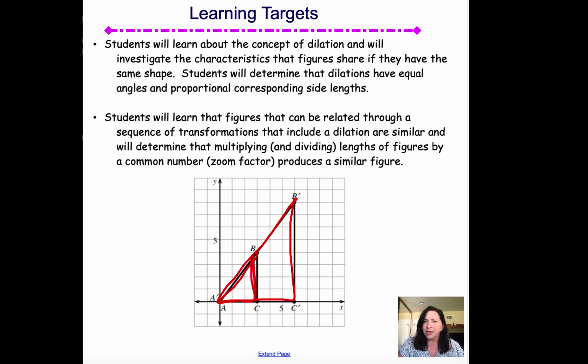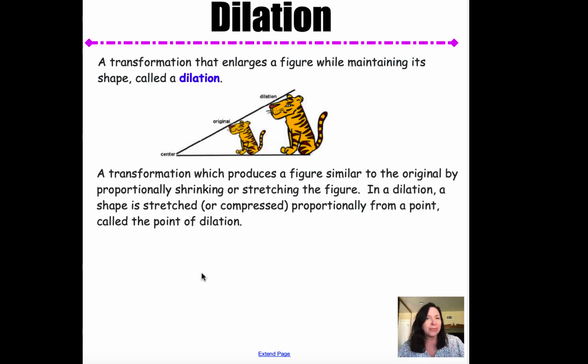A lot of times we're going to remove this little triangle because what we are trying to do is compare these two triangles that are similar, and what makes them similar, and finding their ratios and how they can be equal. So that's what our goal is today. So let's see how we do with that.